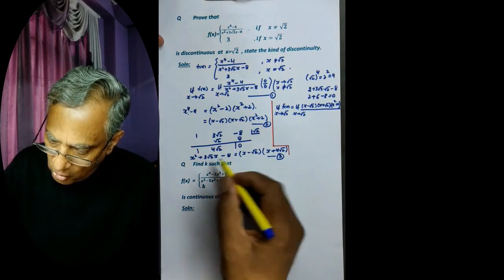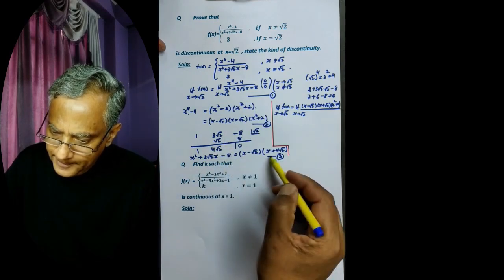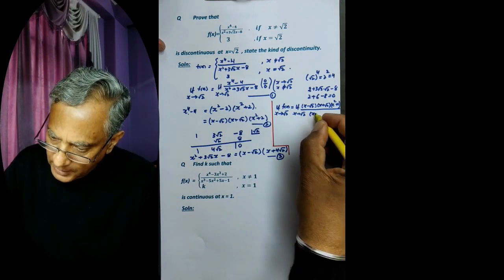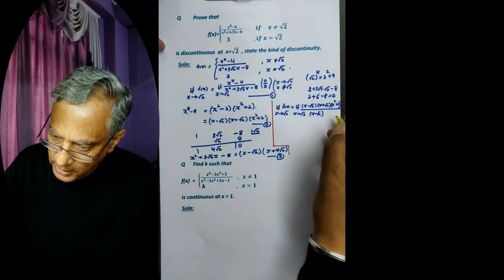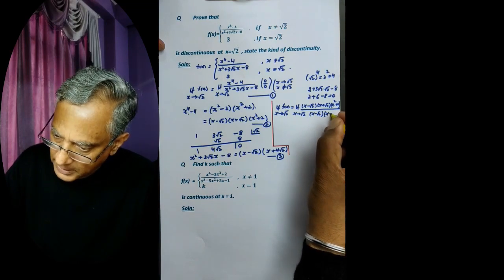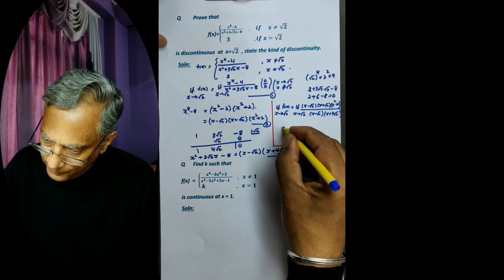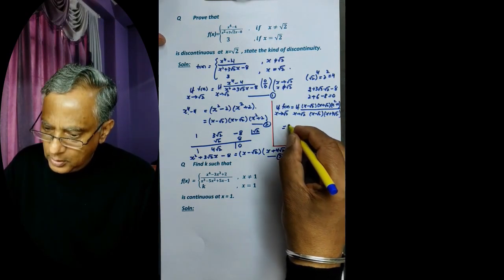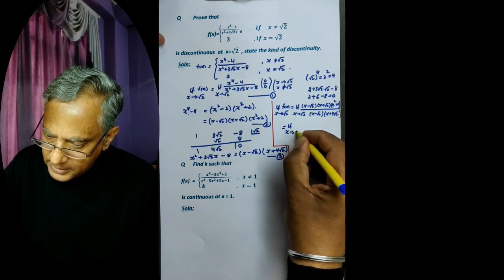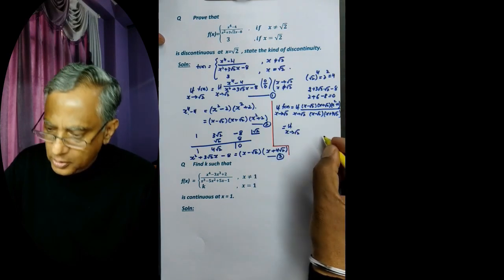And factors of this polynomial are (x − √2)(x + 4√2).